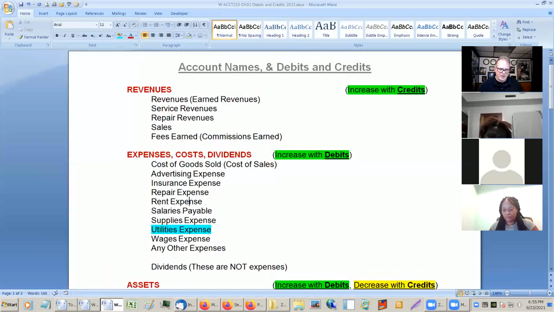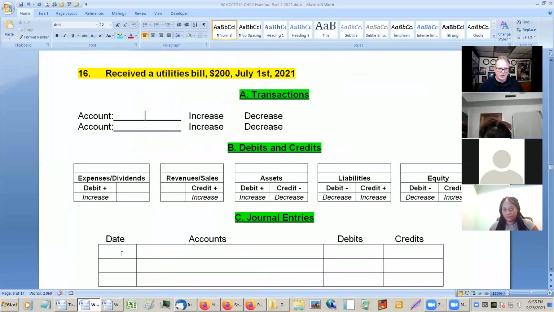Now let's go back to the question here. It doesn't actually say that we paid it. Received, so accounts receivable or accounts payable? Accounts payable. Yeah, we're going to have to pay it in the future, basically. Once we get the accounts, it's easy.